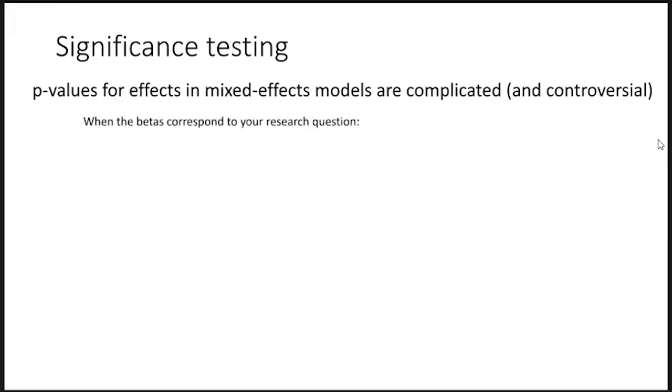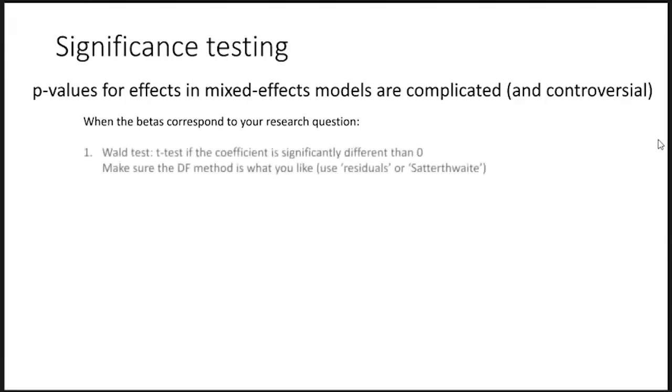There's a blog that I will link to at the end that gives all the rules, or the suggestions, but these are my suggestions. If the betas actually correspond to your research question, so you actually want to test if the beta is significantly different than 0, the first one is called a Wald test, but it is the t-test of whether the coefficient is significantly different than 0.